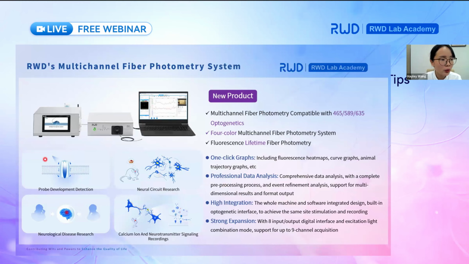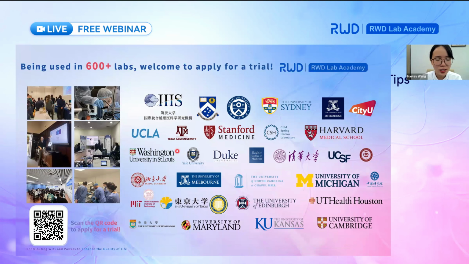For example, probe development, detection, and neural circuit research. As you can see on this slide, our system has already been widely used in more than 600 laboratories worldwide, including many leading universities and research institutions.